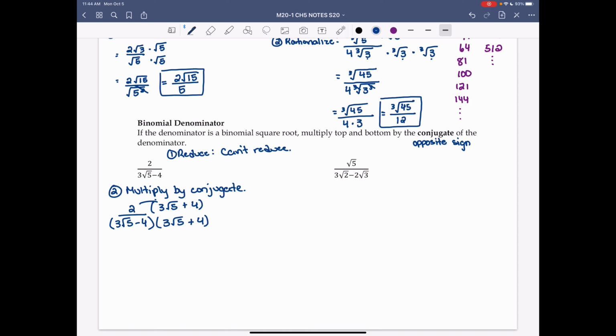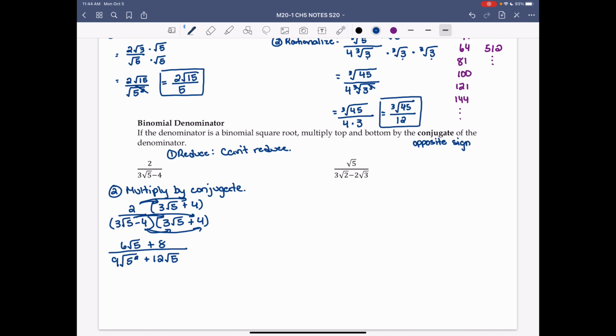We multiply the 2 into the brackets. We get 6 root 5 plus 8 over, multiply the binomials together, so first term in the first brackets to each of the terms in the second brackets, then second term in the first brackets to each of the terms in the second brackets. 3 square root 5 times 3 square root 5 is 9 square root 5 squared. 3 square root 5 times 4 is plus 12 square root 5.